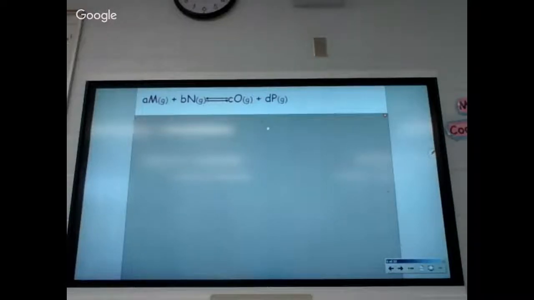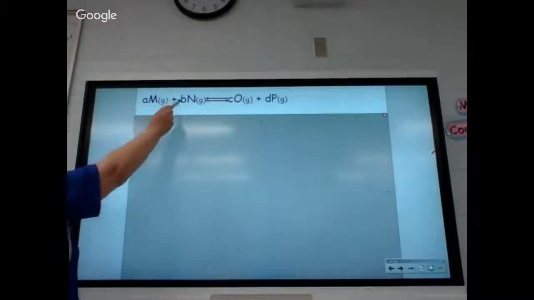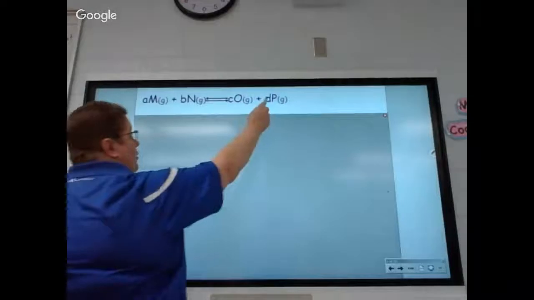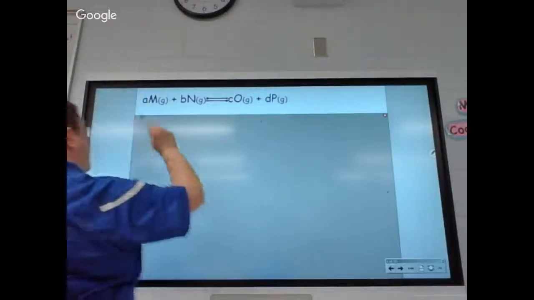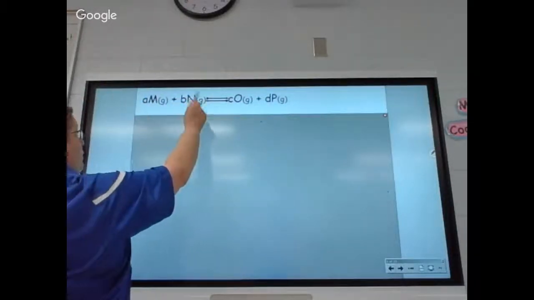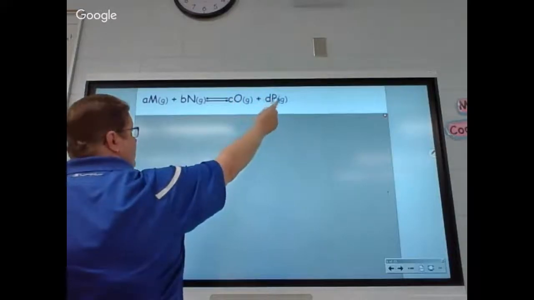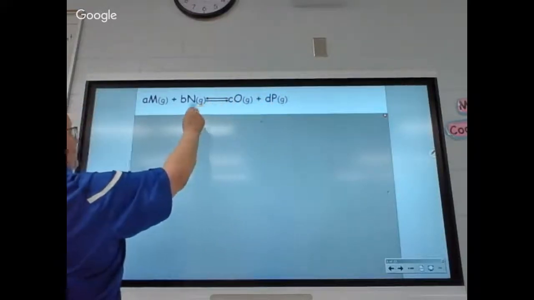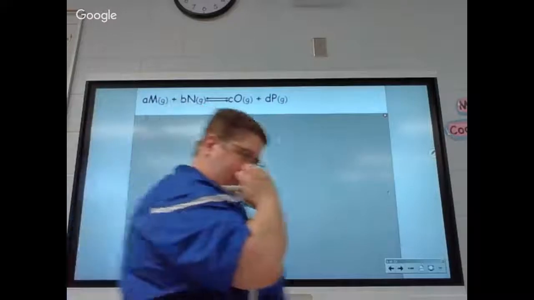Yes, those are the coefficients, like the balancing coefficients. What do the capital letters stand for? The elements or the compounds, and these are the states.